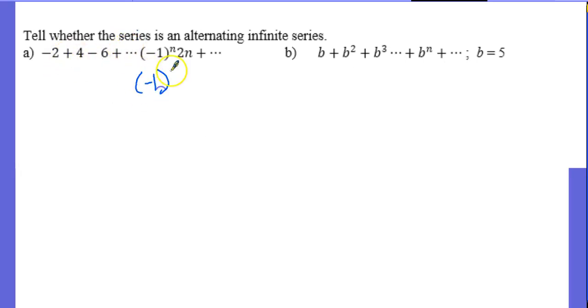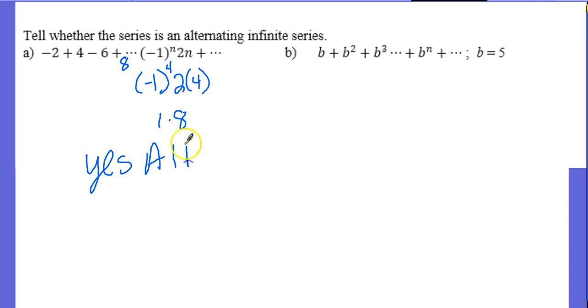So if we go negative 1 raised to the 4th times 2 times 4, just by plugging it into the rule, we can tell if it's going to give us what we want. So what's negative 1 raised to an even power? 1. And 1 times 8 is 8. And that's what we wanted. And so we can say, yes, it is an alternating infinite series. However you want to write it, doesn't matter.